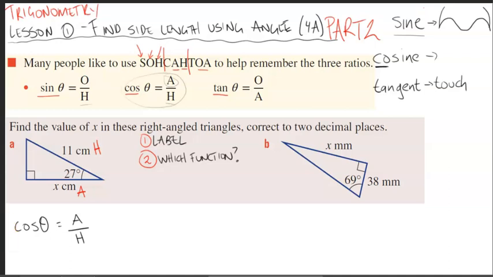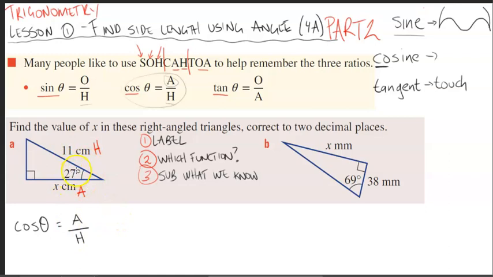The next step is once we've labeled and we've figured out which function that we need to do, the next step is to substitute what we do know. Now we're going to substitute what we know. And what we do know is that for this exercise, we're always going to know what an angle is.